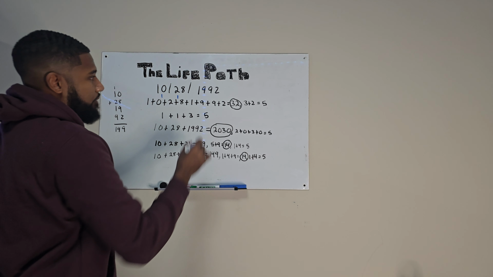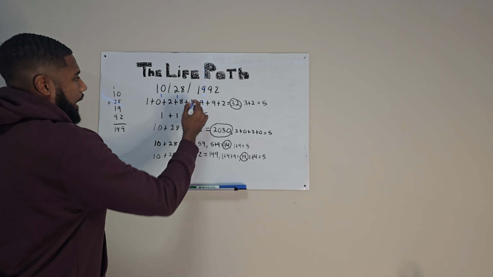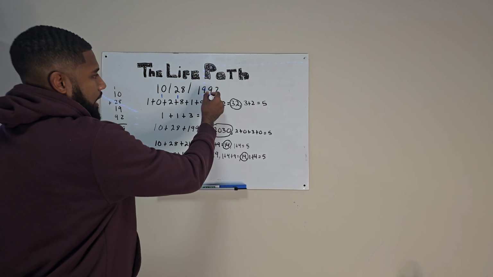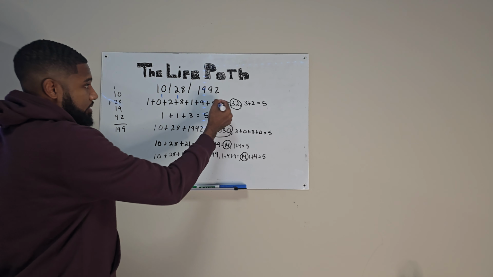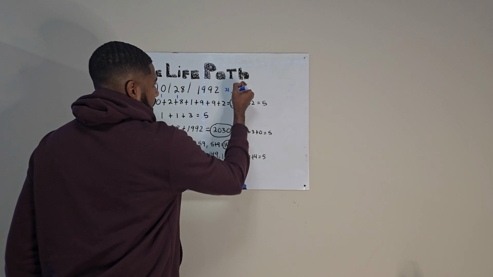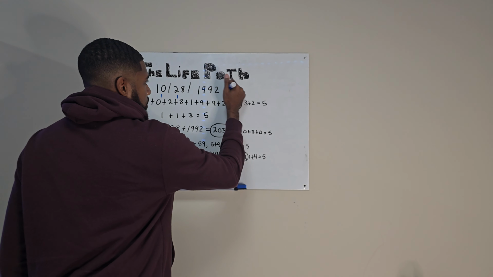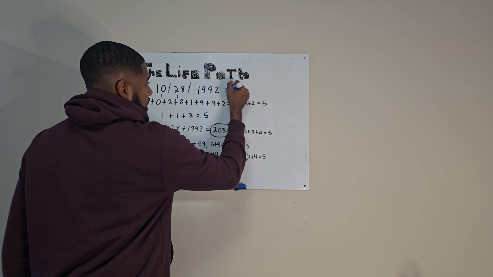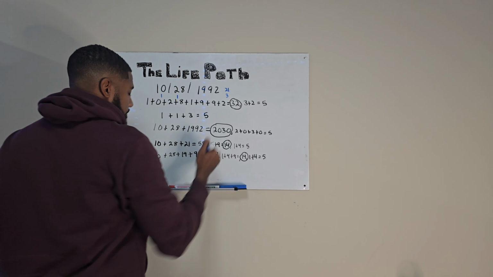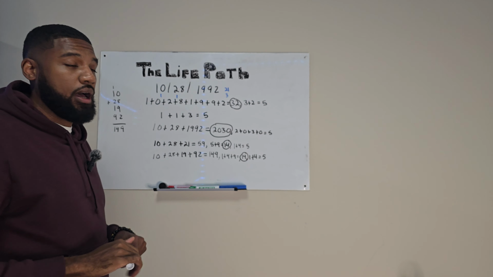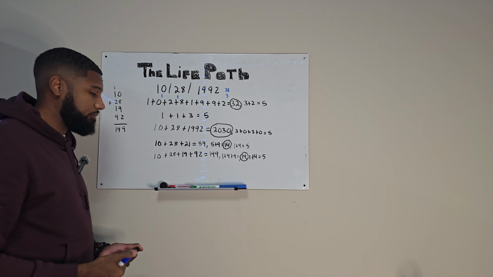And the single digit of the number 1992, when we add 1992 up, 1 plus 9 plus 9 plus 2, it adds to the number 21. I'm going to keep that 21 because we're going to use that in another method. But I'm also going to use the number 3 because 2 plus 1 is 3. All of this is going to matter.